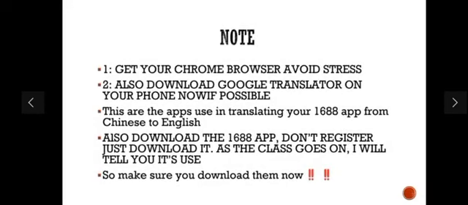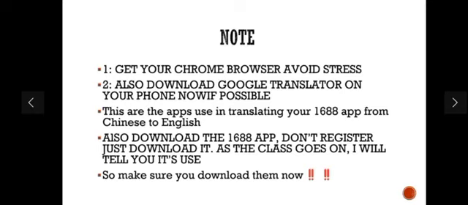So the things that you need to notice: number one, you need to get your Chrome browser. It will help you to avoid unnecessary stress. Number two is that you should download your Google Translator on your phone now if possible. That is for persons who want to use the 1688 official app.